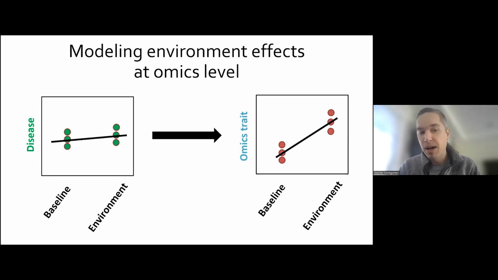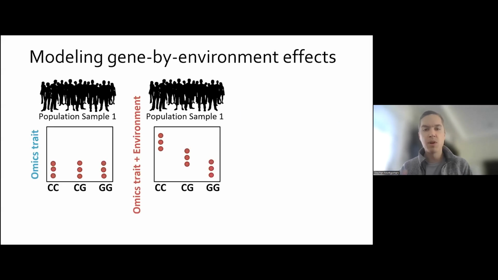And so to think about how we can go from what might be a very noisy signal to what might be a more robust signal in terms of that environmental perturbation. There's also an opportunity, and we're seeing increasingly studies over the last decade that have aimed to explore gene by environment effects by considering what's happening at the omics level instead of large-scale population cohorts.